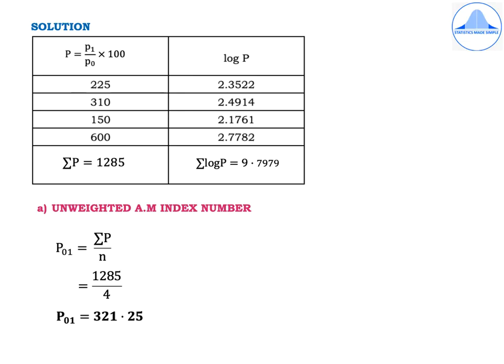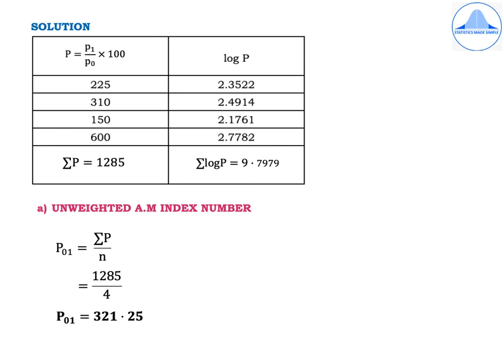So do the calculations carefully and you will get the price relatives as 225, 310, 150 and 600. And when you find the total of the price relatives, you'll get summation P equal to 1285. So the first column will be used for unweighted arithmetic mean index number calculation.